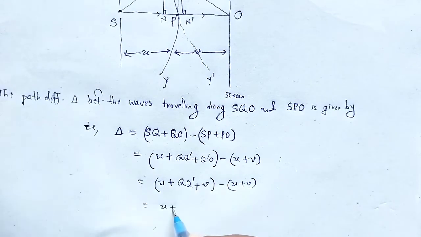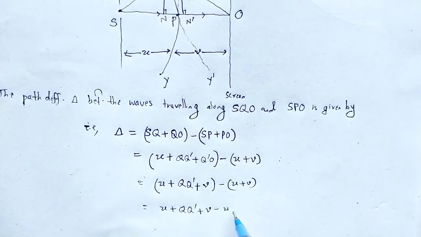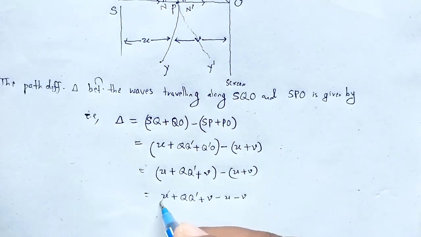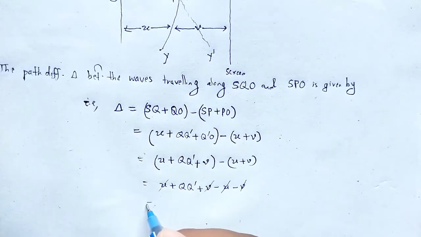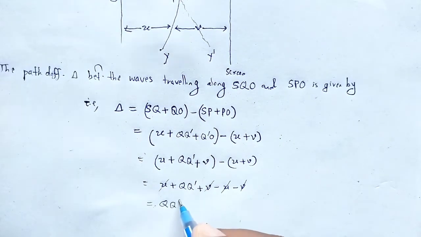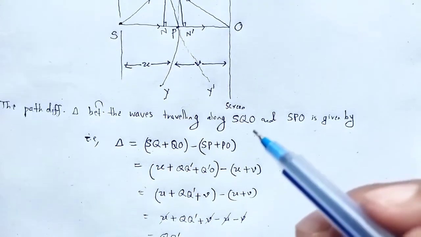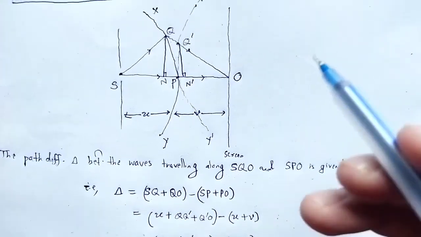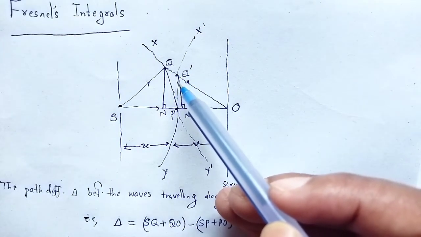We have u plus QQ dash plus v minus u minus v; u and v cancel out. So the path difference we obtain is QQ dash.